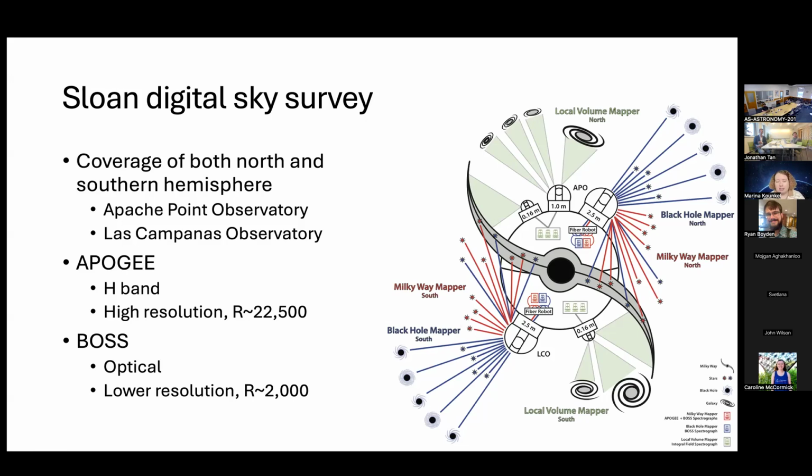One of them is APOGEE, which is a near-infrared spectrograph in H-band and has fairly high resolution. The other spectrograph is BOSS, which is optical, but it does have somewhat lower resolution of only 2000. And both of these spectrographs are mounted in the northern hemisphere and in the southern hemisphere, which provides comprehensive coverage across the entire sky.